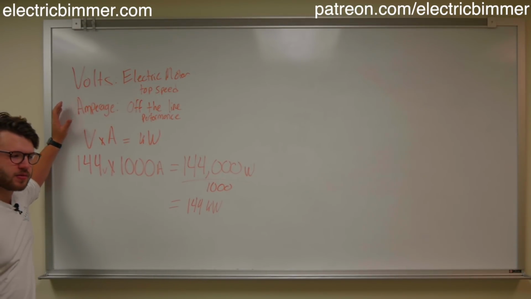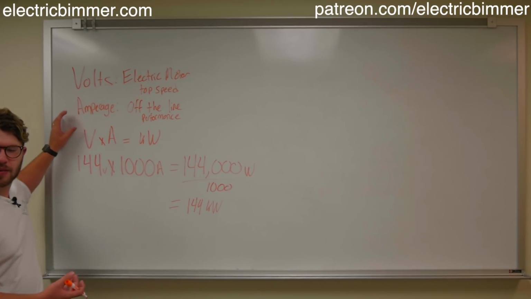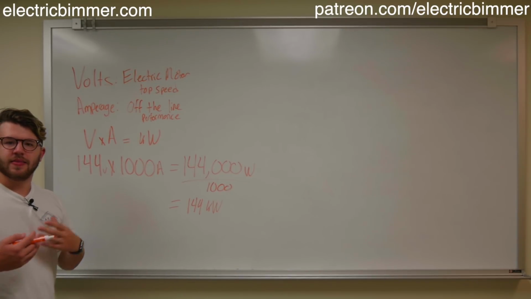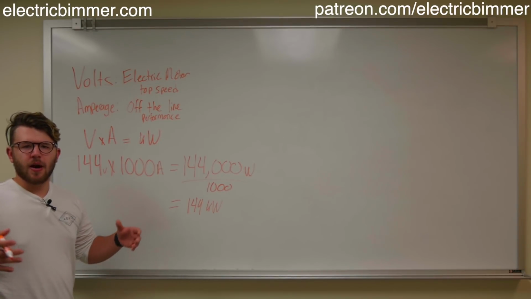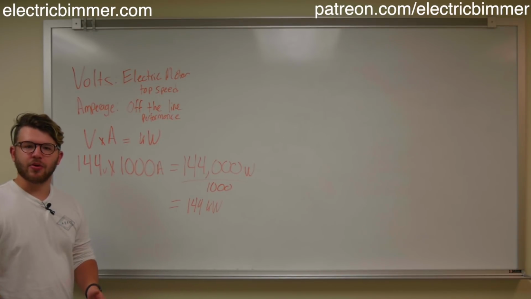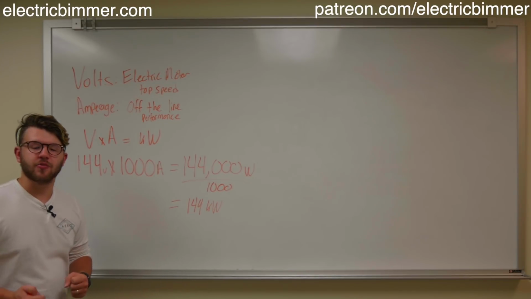Now, if we look at amps from a little bit of a different perspective, they can achieve different things, I'll say. So amps, when you're talking about an electric motor, is going to be, again, that pulling force. But amps in terms of batteries is kind of the amount of power that they're outputting. So the higher the amperage, the more work that they can do.